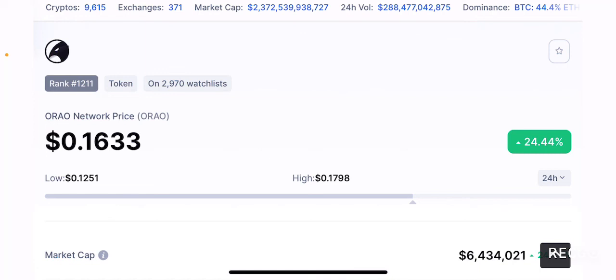The only thing that ORAO needs to do is basically try to integrate with some really big projects, and make use of all the marketing and try to get as much market share from Chainlink as they can by integrating with multiple projects on Polkadot and with projects within and outside of the Polkadot blockchain, thereby being a part of this Polkadot-based bull run, which is definitely coming soon, right?